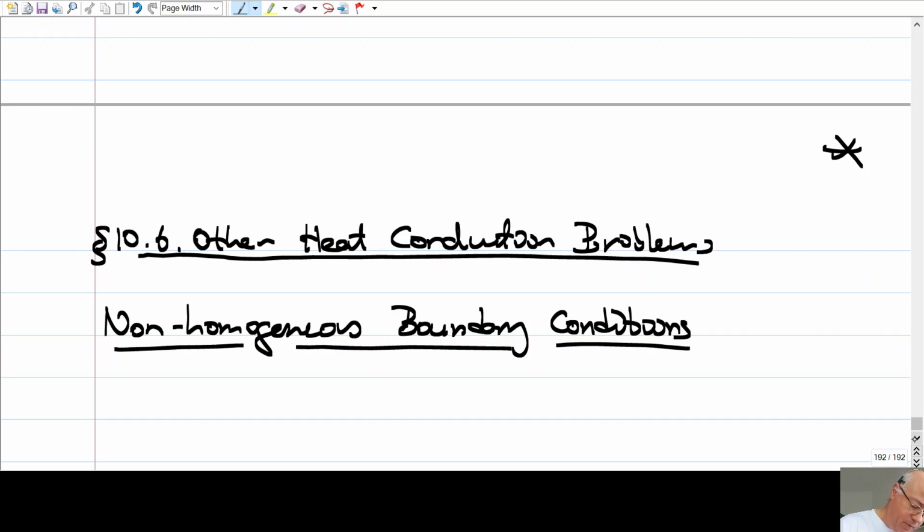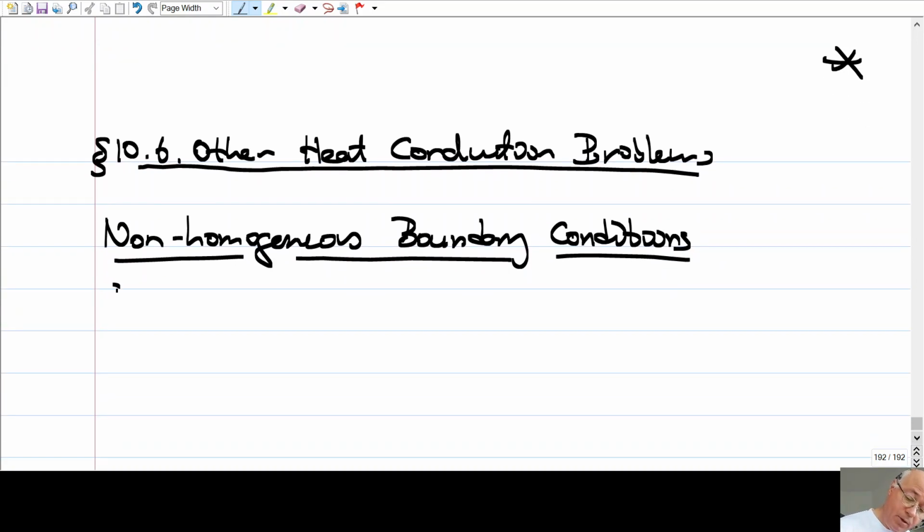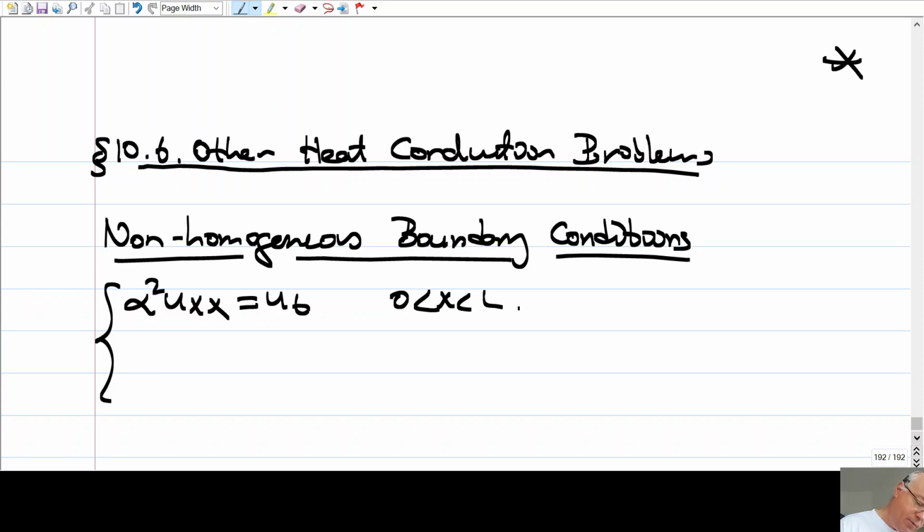So this time we have the following problem. I have again a metal bar, and of course the temperature of the metal bar changes according to the heat equation, this equation, and we keep the endpoints at constant temperatures, but not necessarily zero.